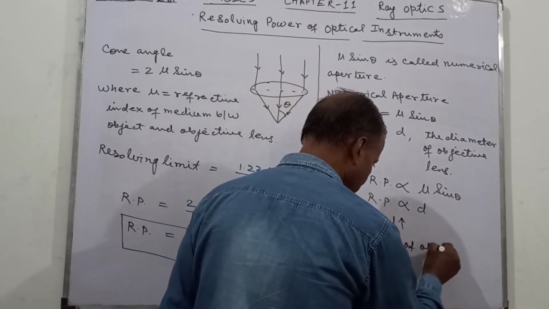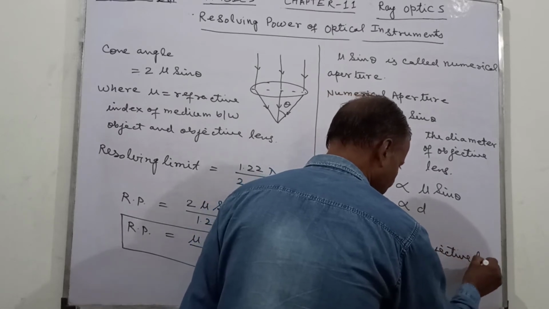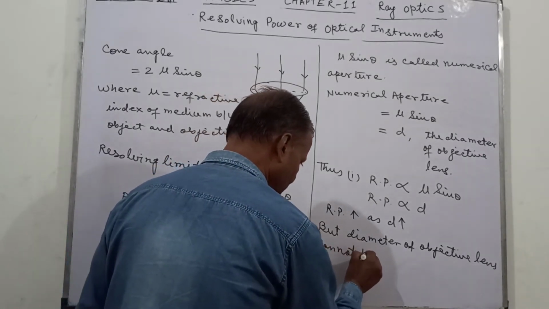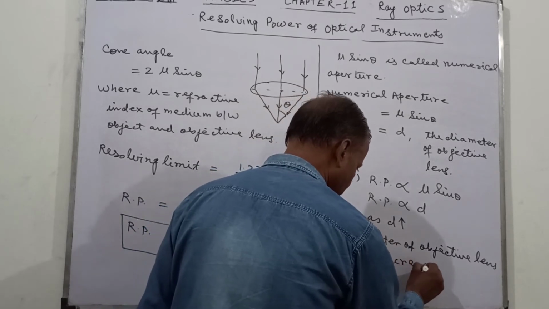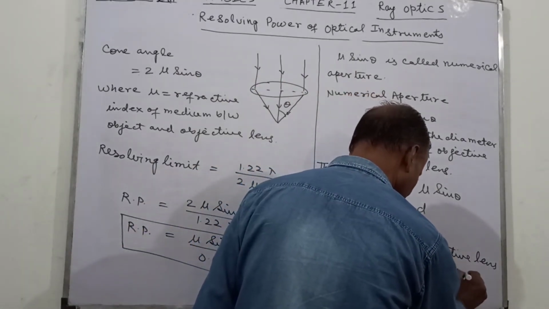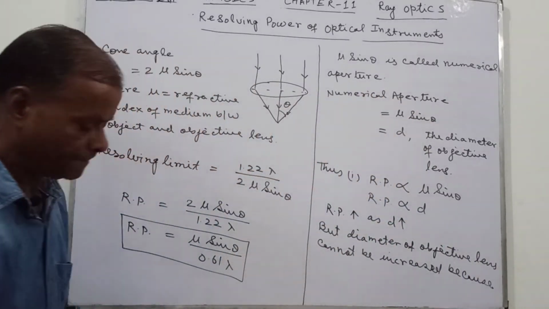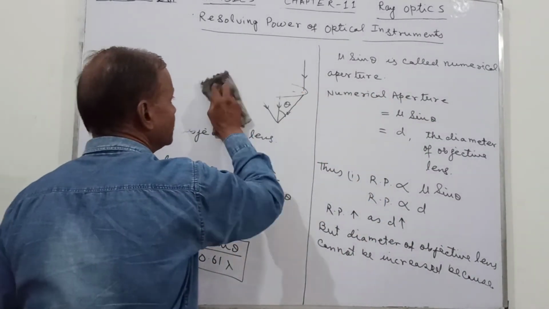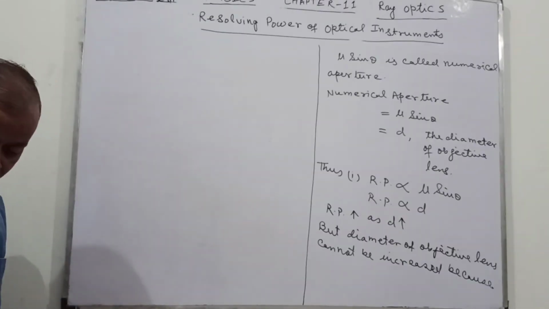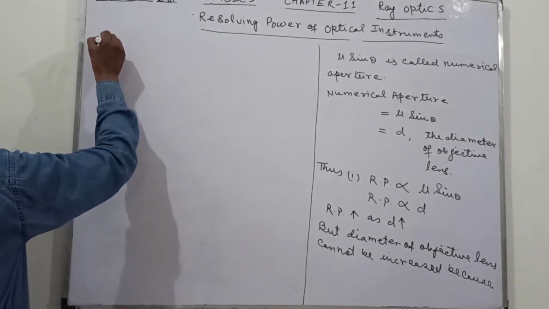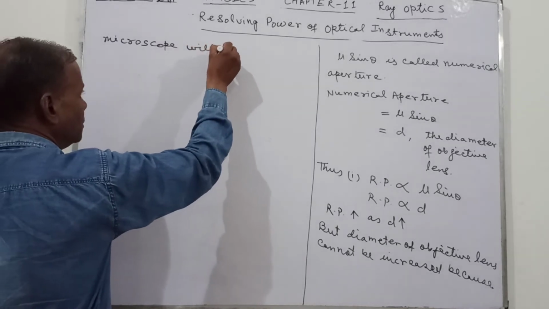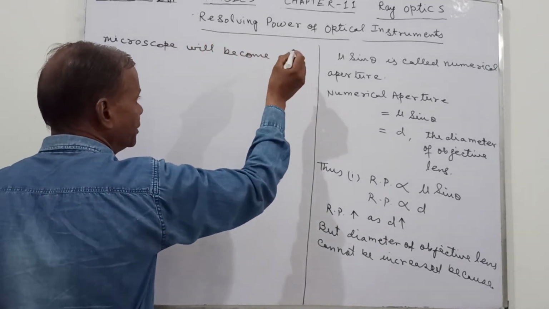Diameter of objective lens cannot be increased because microscope will become a telescope.